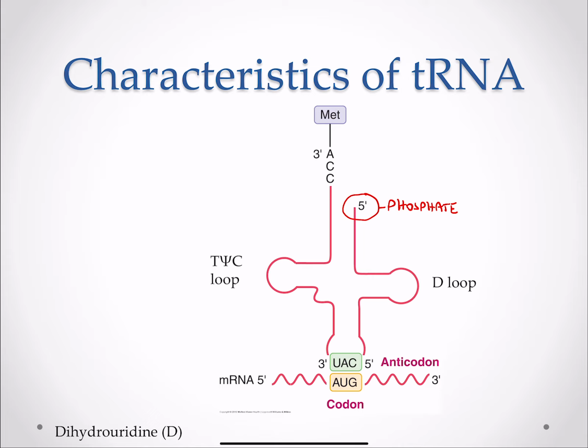And they're going to have a D loop and this funny T loop, and these are both going to be for structure. And they're going to end with a CCA ending at the 3' end. Now D is going to be for dihydrouridine.